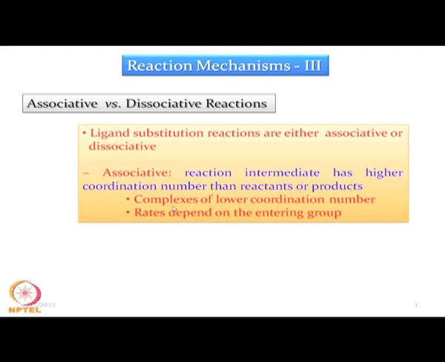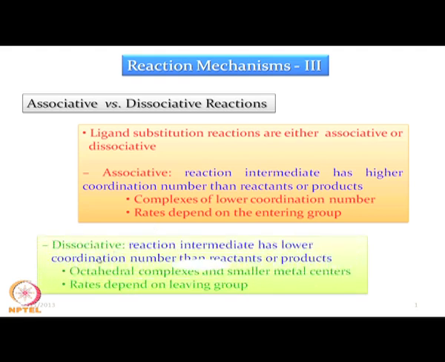These associative reactions are possible when we have complexes of lower coordination number. If the coordination number is less, it can accept one more bond or two more bonds to form the higher coordination number for the transition state, and rate depends on the entering group. That means the group which is coming and attaching to the metal center will control the reactivity pattern as well as the rate of the reaction.